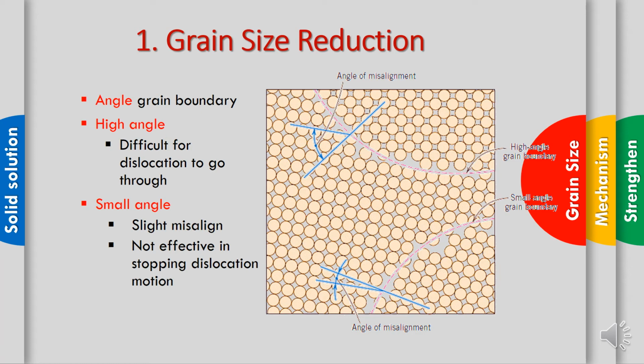At the same time, it will produce a high angle grain boundary in this line, and we also call it a small angle grain boundary in this line.